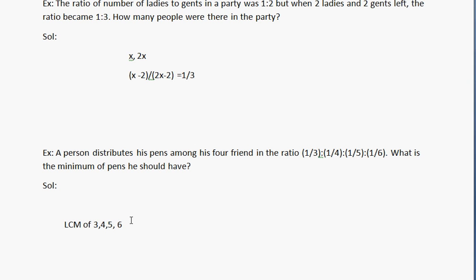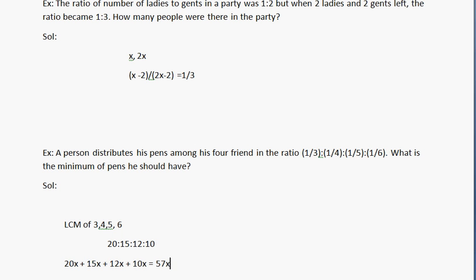If you just find the LCM, it would be 60. So just multiply each fraction by 60. We would get the new ratio 20, 15, 12, 10. So he has given the pens in this ratio, which means he has given 20x plus 15x plus 12x plus 10x, total number of pens, which is 57x.